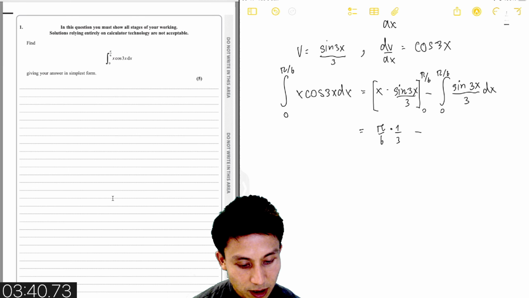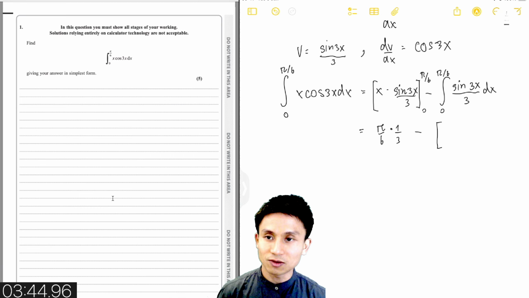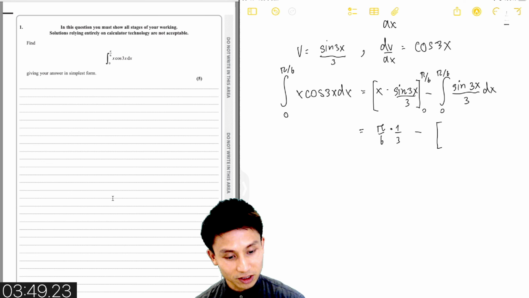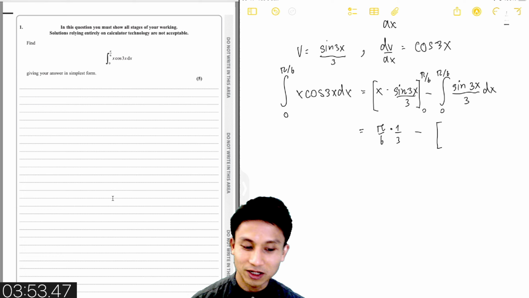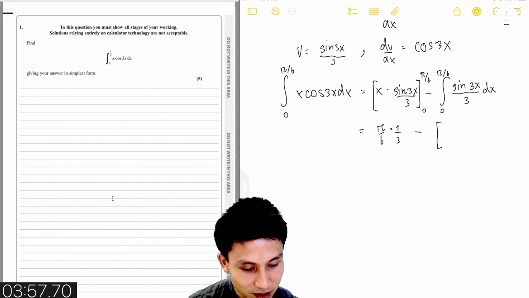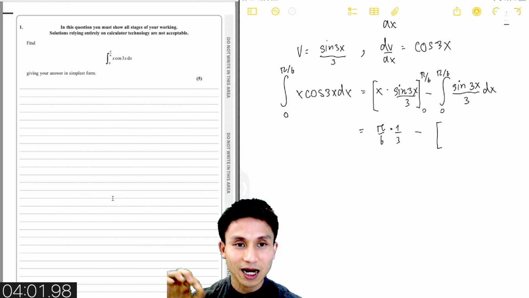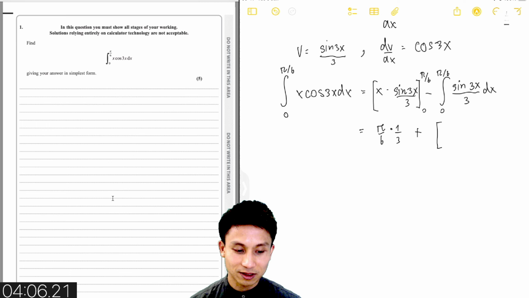Right, so in this integration, we are integrating sine 3x this time. Now integrating sine, we should get a minus cos, because differentiating cos, we get a minus sign. So integrating sine should get a minus cos, so we have a minus sign here. And if you also consider the minus sign outside the integrand, we have a plus then, because there's two minuses now.